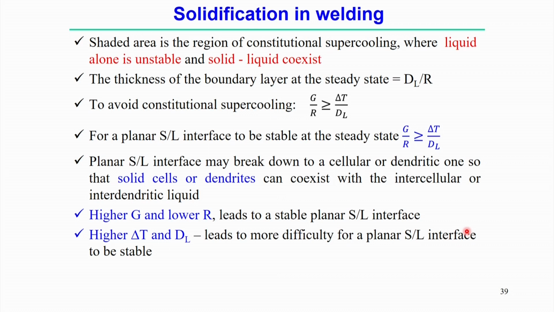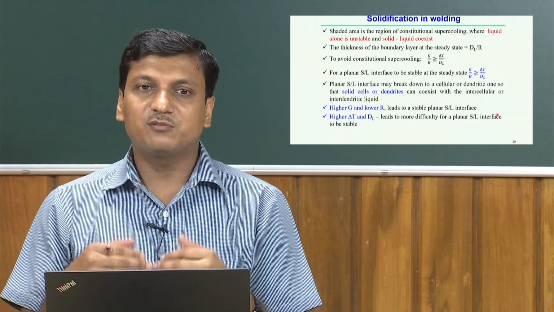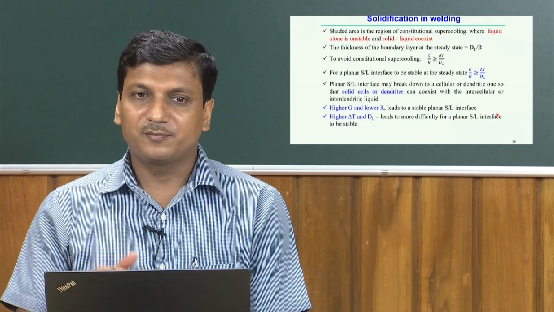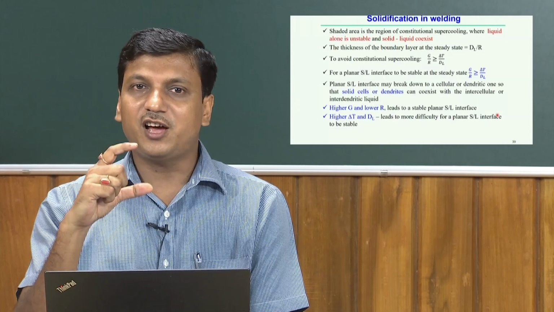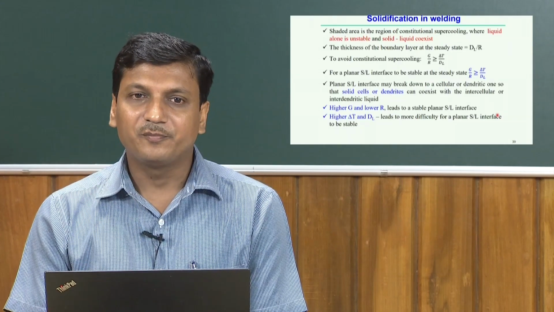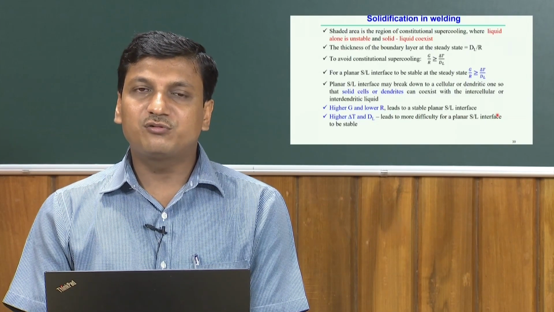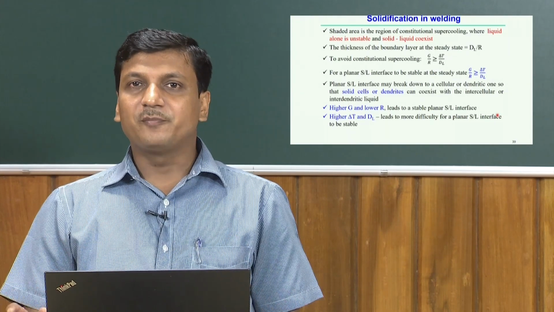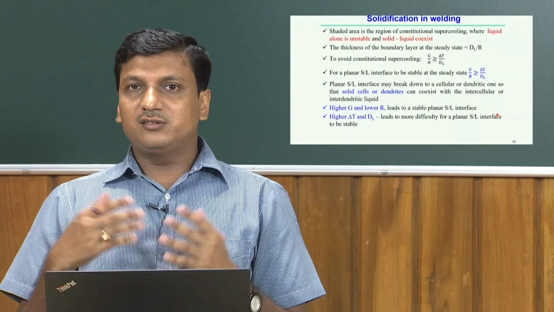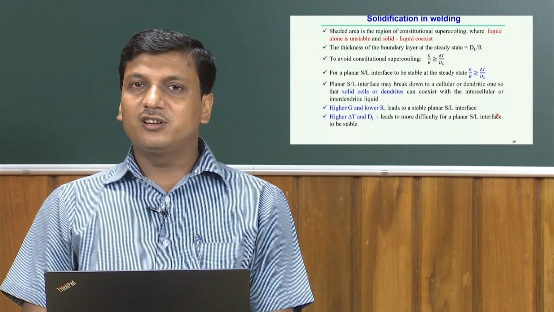That means if the G by R ratio is very high, the solidification mode is a planar solid liquid interface. On the other side, higher delta T means the degree of supercooling is very high, and more diffusivity DL makes it more difficult for a planar interface to be stable. So, that breaks down the stability of the planar solid liquid interface during the solidification process.